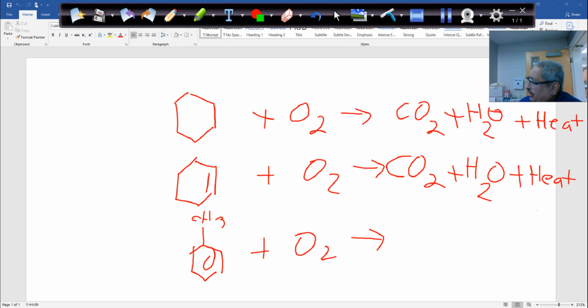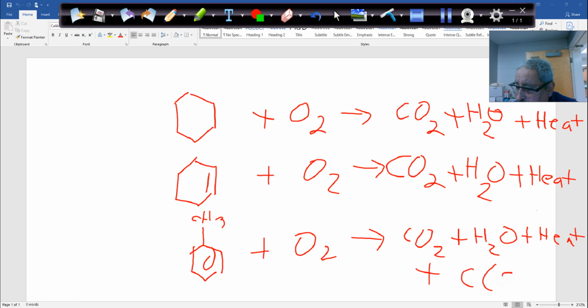They resist the reaction with oxygen. They resist the burning. So you will get CO2 plus H2O plus heat plus carbon. This carbon is called soot, S-O-O-T, like the smoke coming out of the exhaust of a car. That's soot. So you can see the difference between all those three. When I burn them here, you can see how they react and how the flame looks.